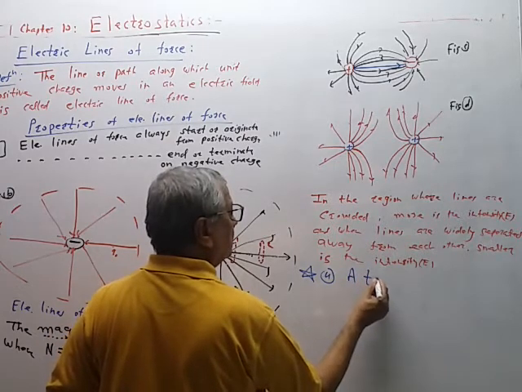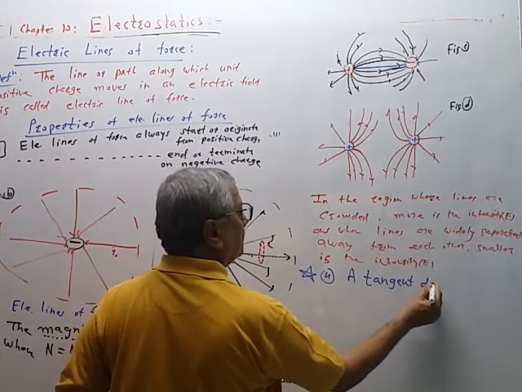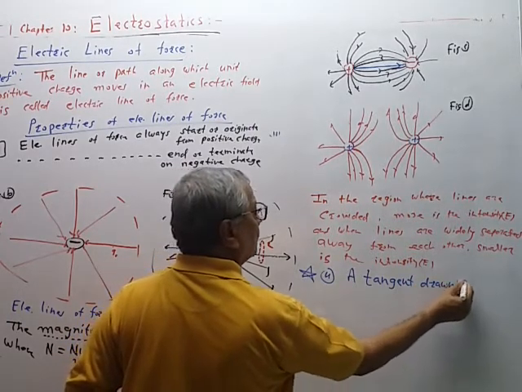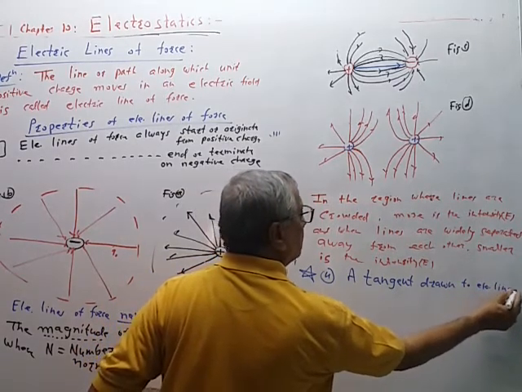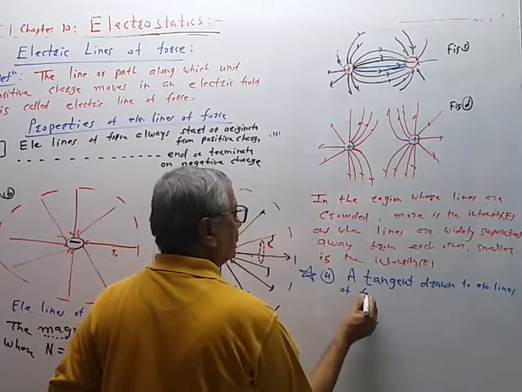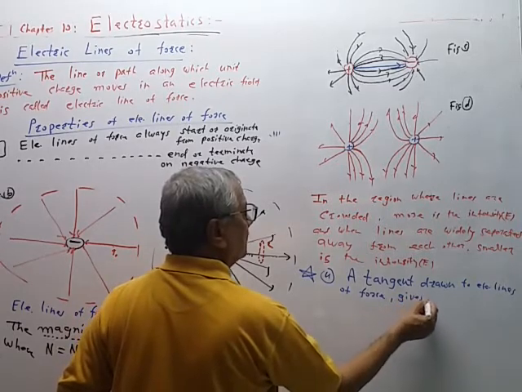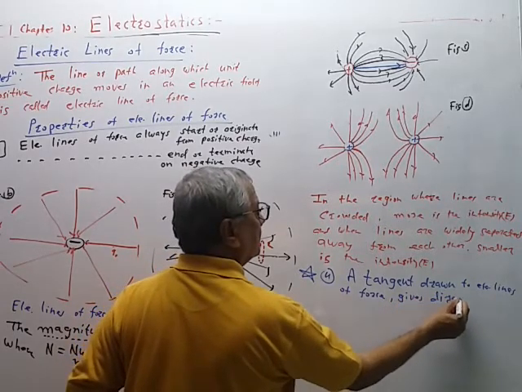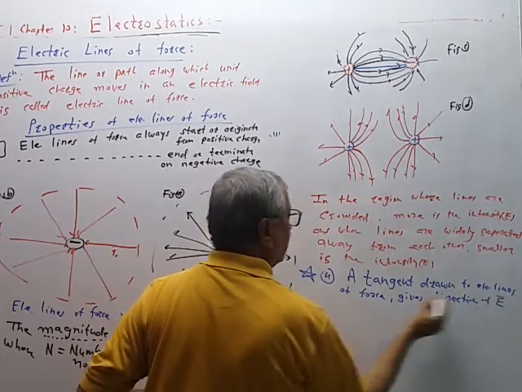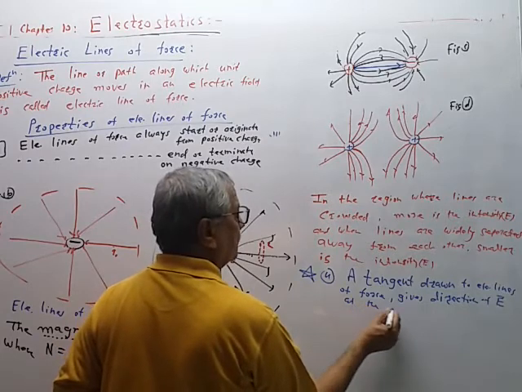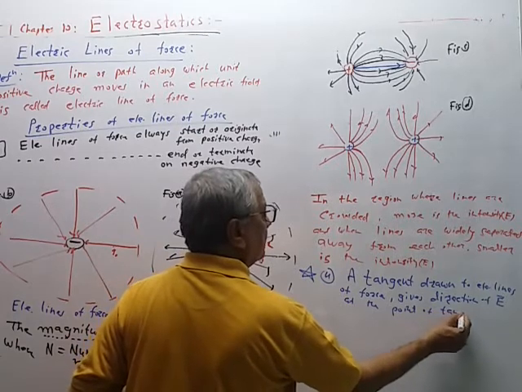A tangent drawn to an electric line of force gives the direction of electric intensity at the point of tangency.